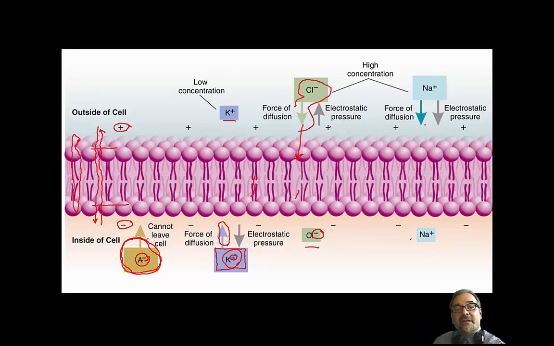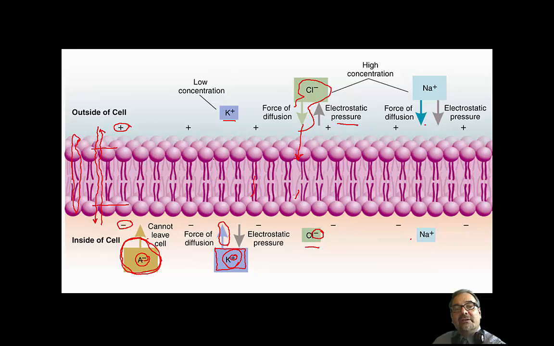Now there's another force that balances this to a certain extent, which is the electrostatic force, or electrostatic pressure. The electrostatic pressure is the result of a fundamental principle in electricity and magnetism, that similar charges tend to repel, and opposite charges tend to attract. Positive and positive repel, negative and negative repel, positive and negative attract.